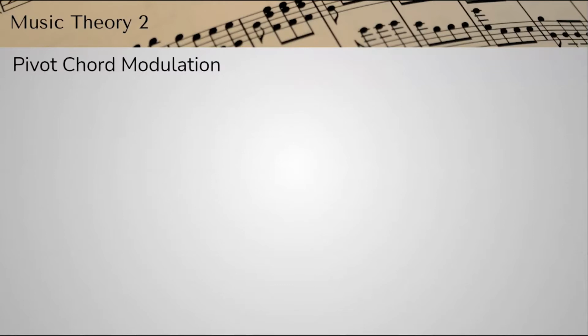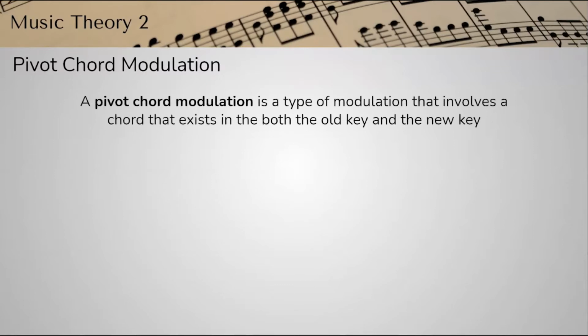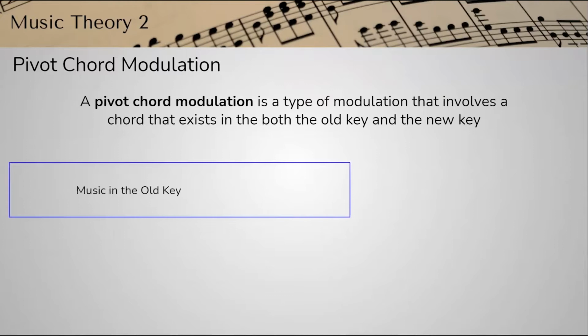So, quickly, a pivot chord modulation, as you remember, is a type of modulation, type of change of key, that involves a chord that exists in both the old key and the new key. So in a theoretical pivot chord modulation, you'd have music in the old key, that's represented by this blue box.